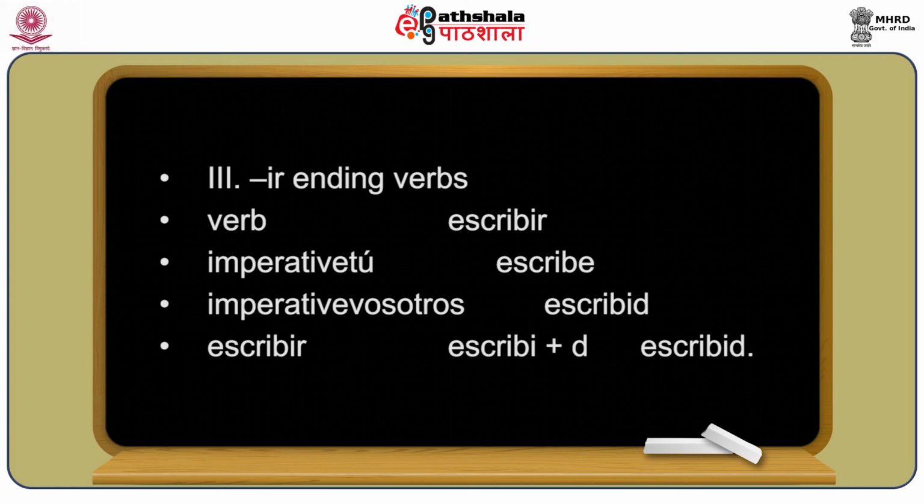For example, escribir in vosotros form will be escribid. So just to quickly review, AR ending verb, we remove R, for example hablar becomes hablad, ER ending verb comer becomes comed, and the IR ending verb, for example escribir becomes escribid.